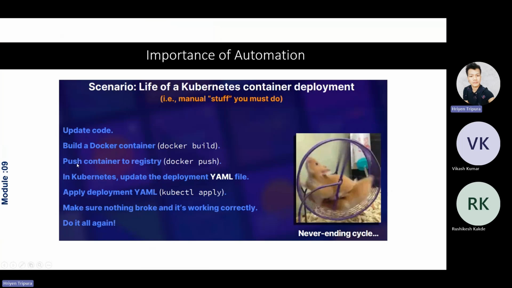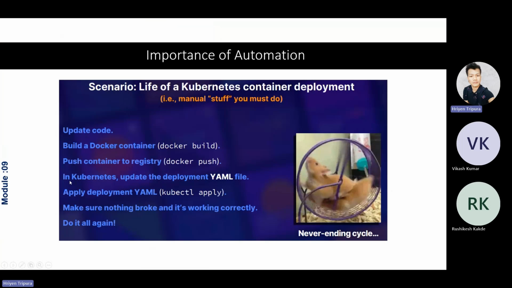Once you build it, then you have to push it. Using Docker push, you can push to any platform you can use in future. I want to push the images to my Azure container registry.